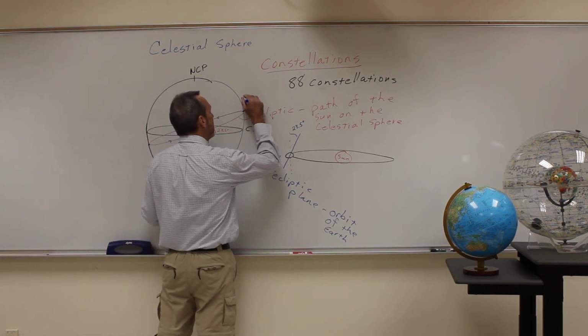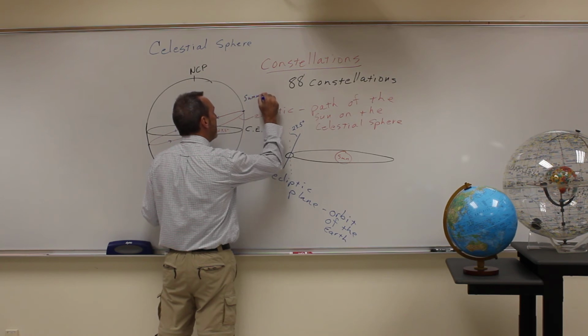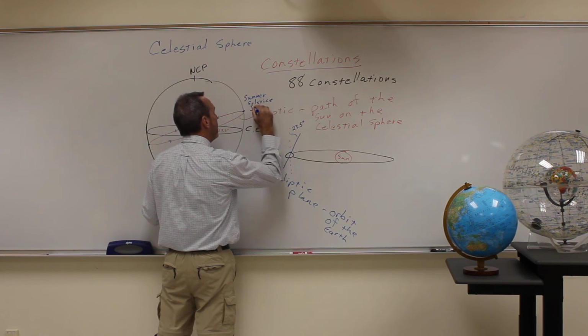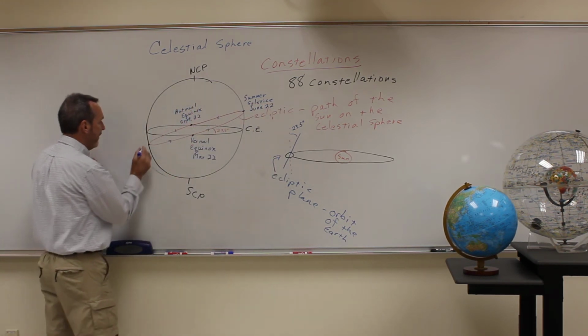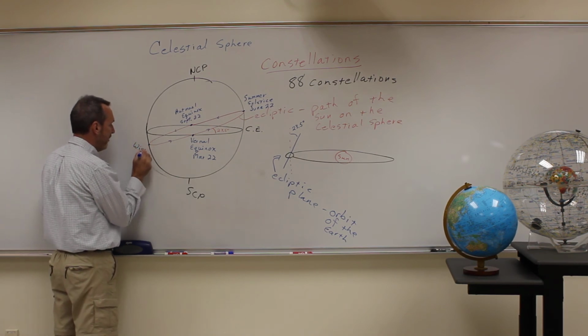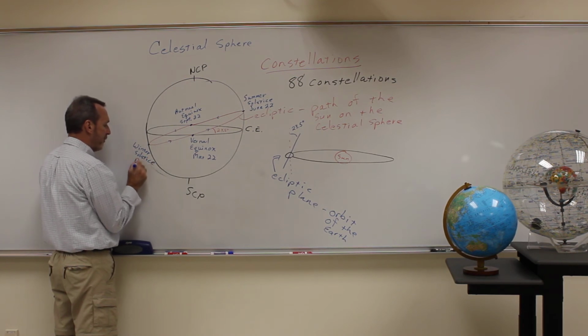Then the sun gets higher in the sky. The sun gets up here to what we call the summer solstice. This occurs around June 22nd. And over here, we get to the winter solstice. This occurs around December 22nd every year.